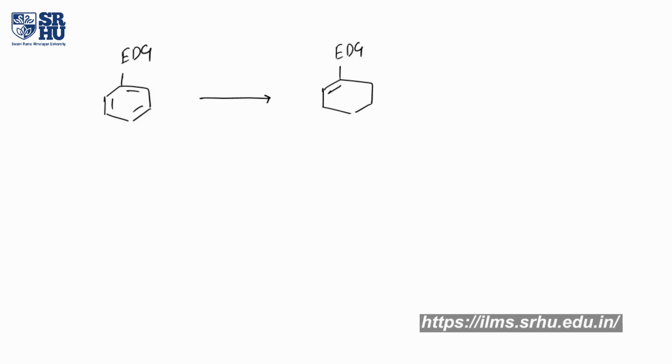Means this will be a double bond. One hydrogen is already lying here in this position. The other hydrogen that comes will be in the ortho position. So this is the product which is mainly formed.